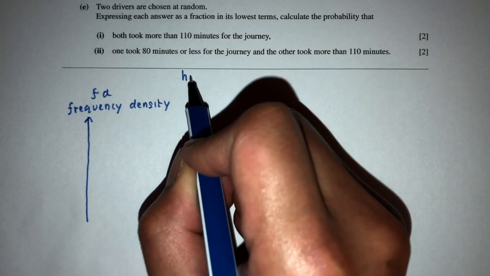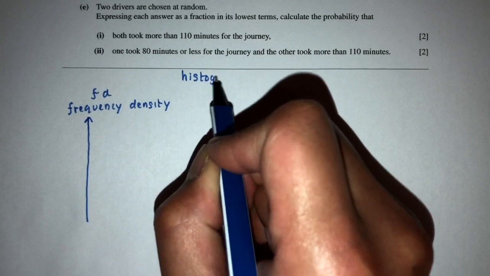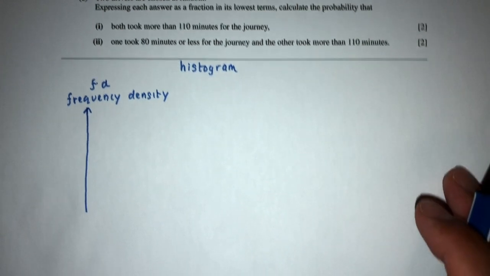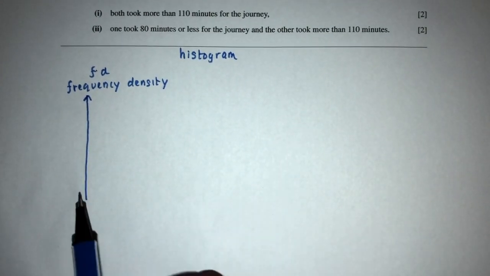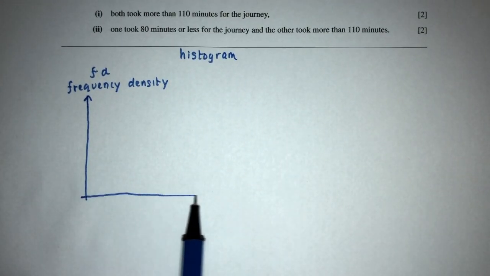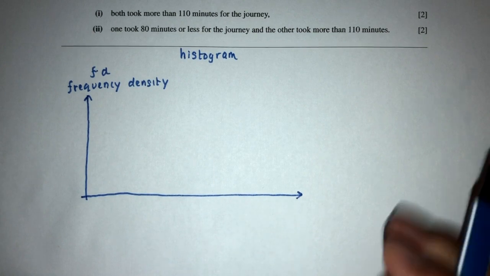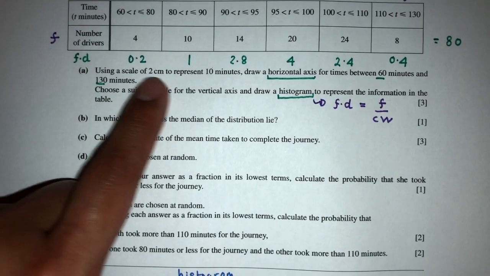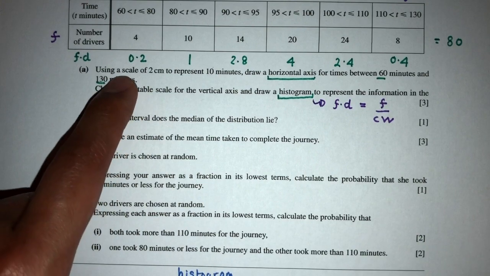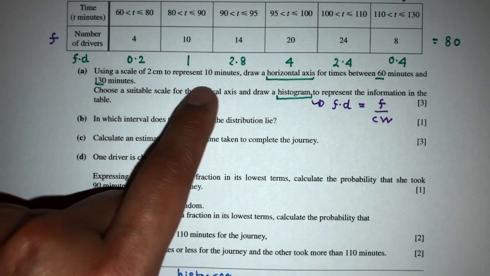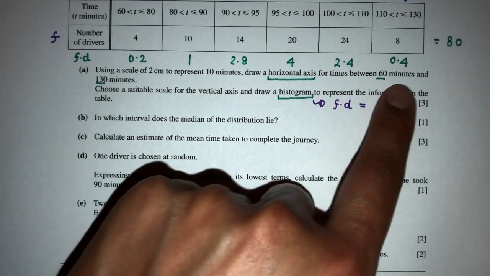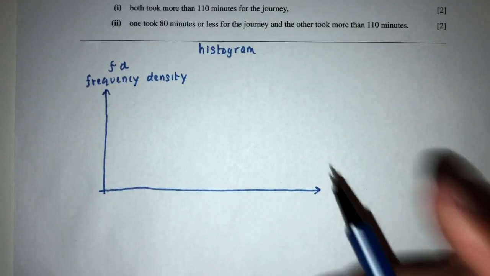And this is, of course, the histogram. Then you will have a horizontal axis, and as you can see, this will be minutes, using a scale of 2 centimeters for 10 minutes. So we are representing minutes.